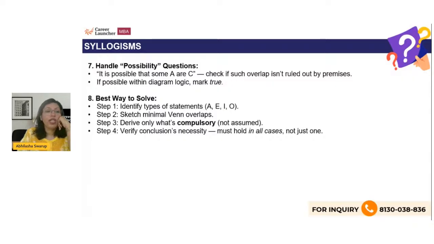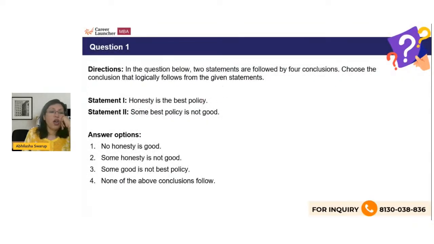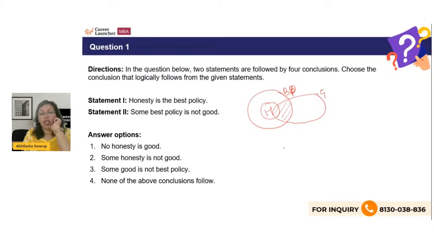Let's do a couple of questions. Here is your first question. Honesty is the best policy. Some best policy is not good. So if I were to draw honesty is the best policy and some best policy is not good, I could draw it like this. So this is good. And here are the best policies which are not good.